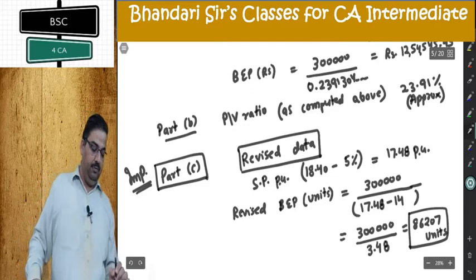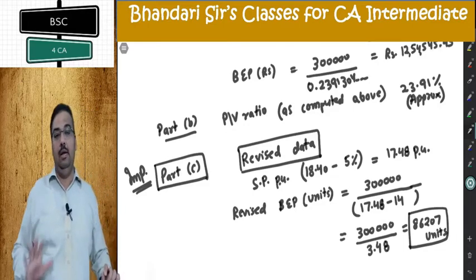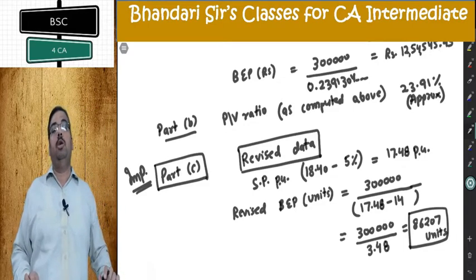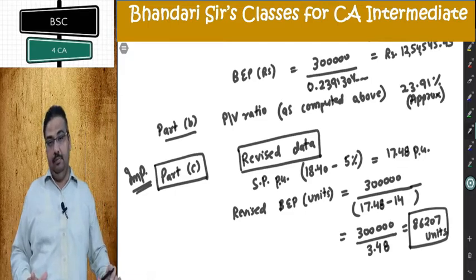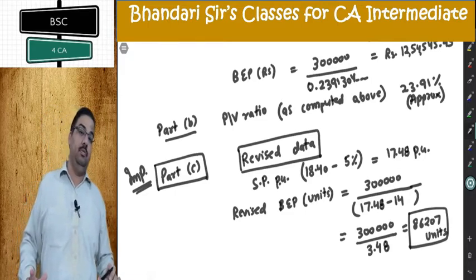Naturally, if selling price is going to decline, contribution per unit will also decline, and break-even point will rise.